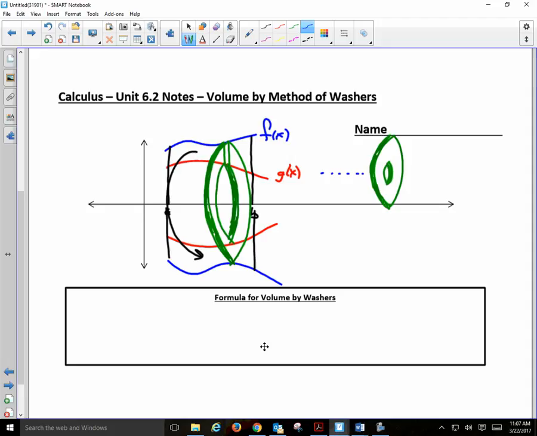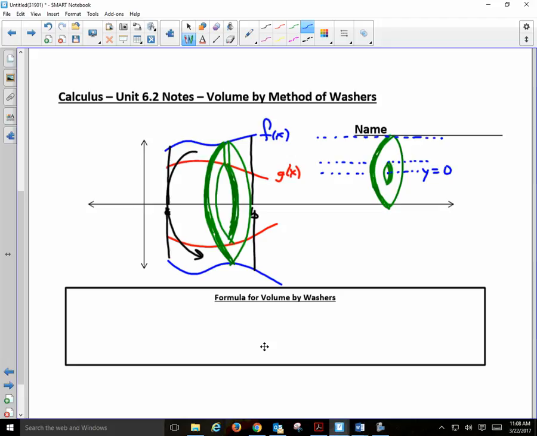You can see that y is equal to 0 is the x-axis. And then I had these other parts to the washer. And I would say that drawing this type of diagram is very helpful for students.